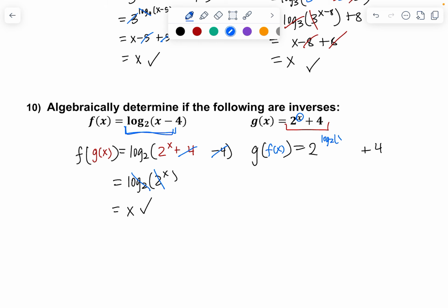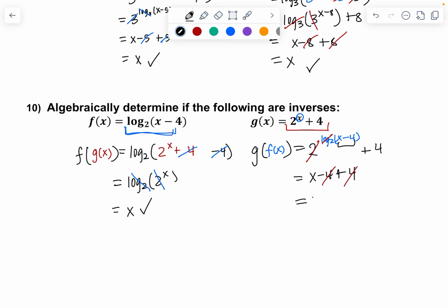Okay, and so the only thing that cancels right off the bat is this exponential base 2 and the log base 2, which just leaves the x minus 4 part. And now the 4s cancel, leaving me with just x.